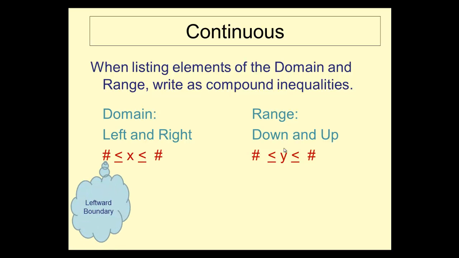And just like before, when we were writing compound inequalities that were ands, we're going to start with the smallest number on the left and the largest number on the right. So the smallest number is going to be the leftward boundary of the graph, and the largest number is going to be the rightward boundary of the graph.